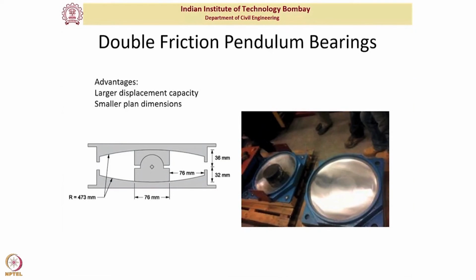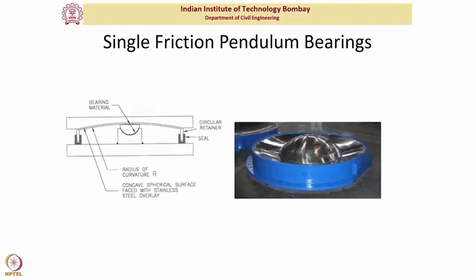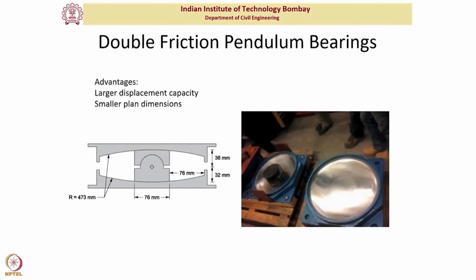Now, a question you might ask: if I have this single friction pendulum bearing, why should I go for a double friction or triple friction pendulum bearing anyway? Now, what happens if you go for a double or triple friction pendulum bearing? These would provide you larger displacement capacity with a similar or smaller footprint, because you now have multiple sliding surfaces.